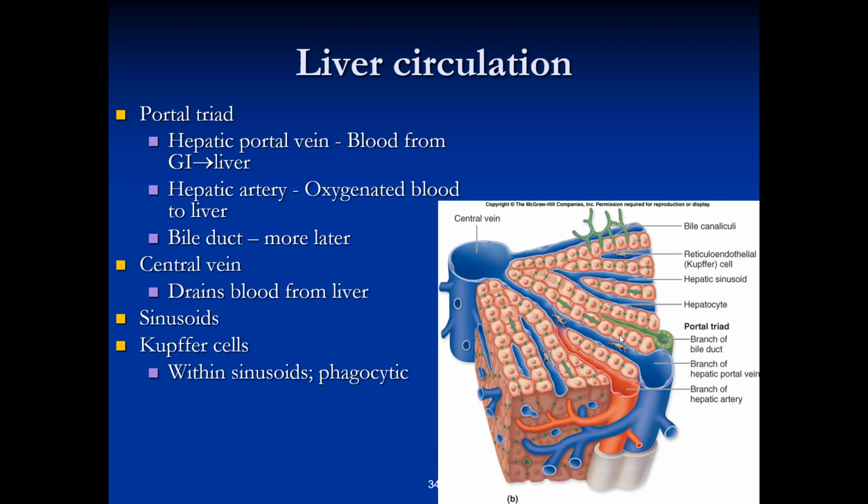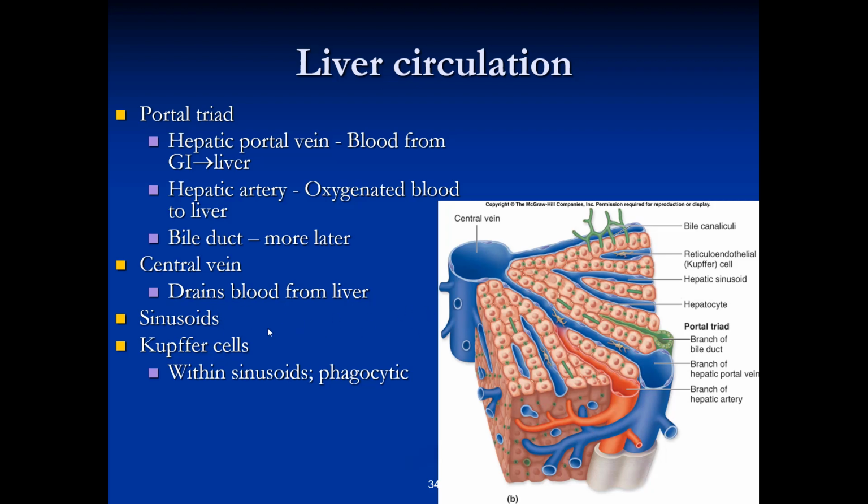So all these hepatocytes are basically getting all these nutrients coming from the gastrointestinal tract. At the same time, they're also breaking things down. Like if you have anything that's toxic that you put into the body, the liver tries to break it down, like drugs or alcohol or anything like that. So that's the circulation: hepatic portal vein, sinusoids, central vein.